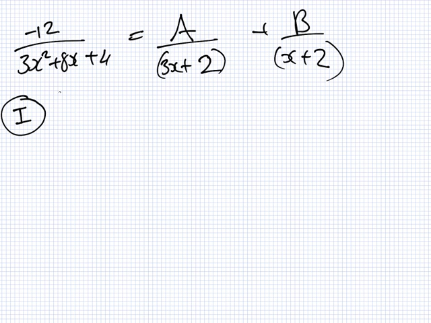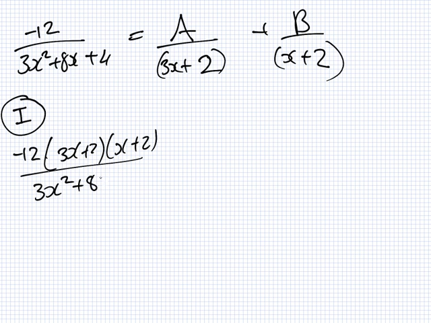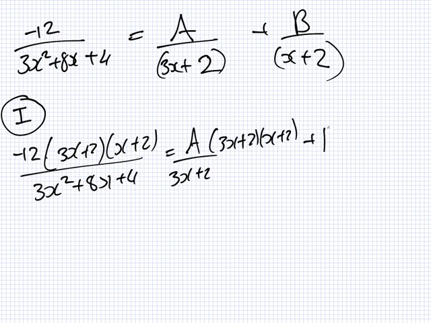Method 1 is you multiply everything by these 2 terms. So you have minus 12 times 3x plus 2, x plus 2, over 3x squared plus 8x plus 4 equals A over 3x plus 2, times 3x plus 2, x plus 2, plus B over x plus 2, times 3x plus 2, x plus 2.